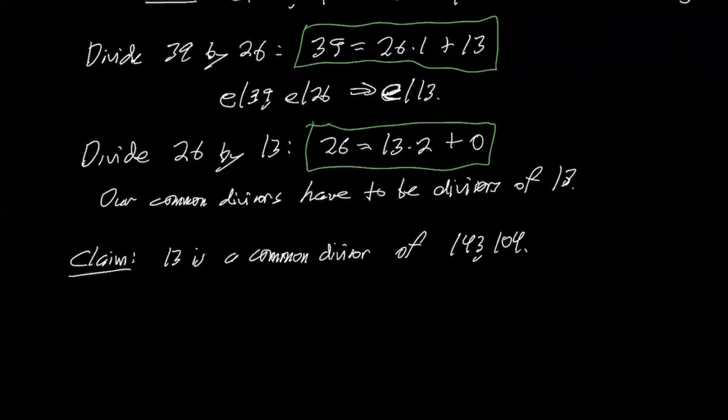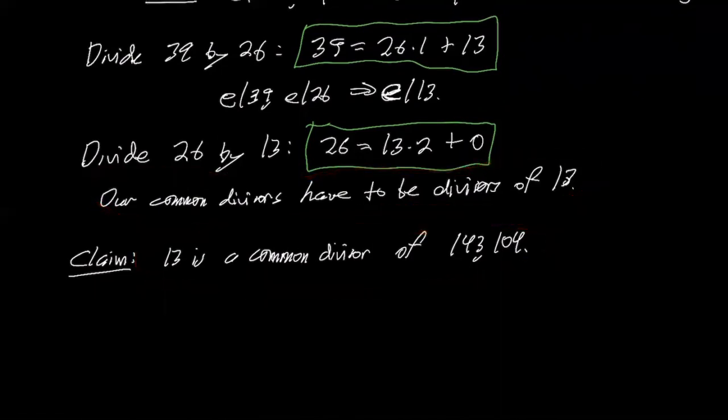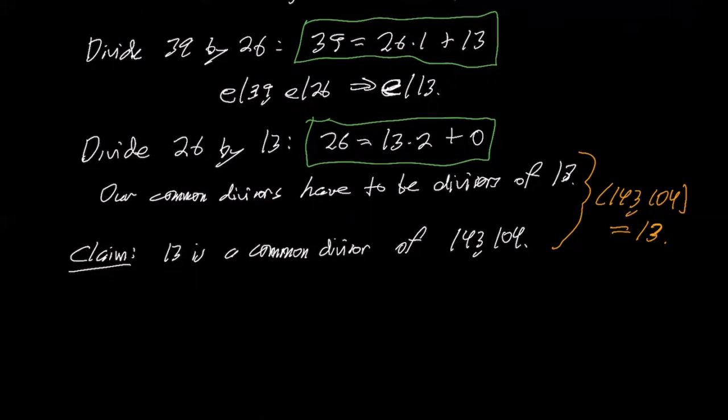These two statements together, that common divisors have to be divisors of 13 and that 13 is a common divisor, say that the GCD of 143 and 104 is in fact 13. Common divisors are at most 13 because they all divide 13, and if 13 actually is a common divisor, then it's the biggest one. This seems obvious, but the argument is slightly different.